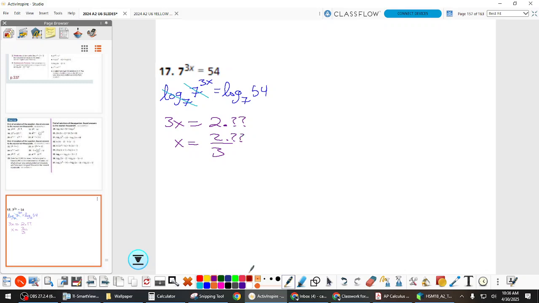The other way you could do this one, if you want, is to log, either log or natural log both sides. Then you can bring your 3x out front. And then divide by 3 natural log of 7.